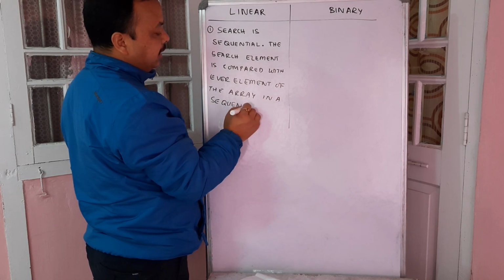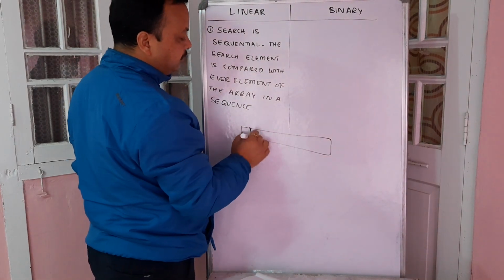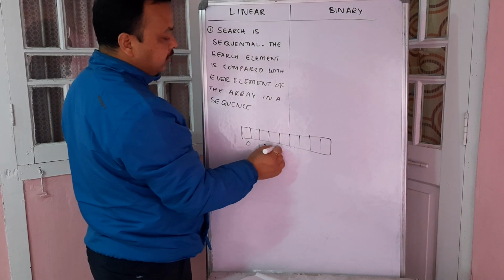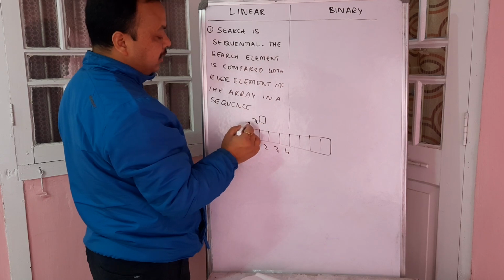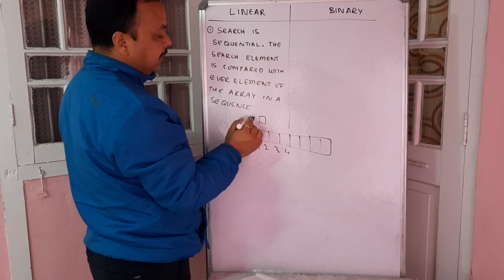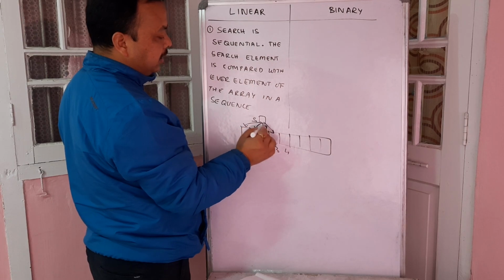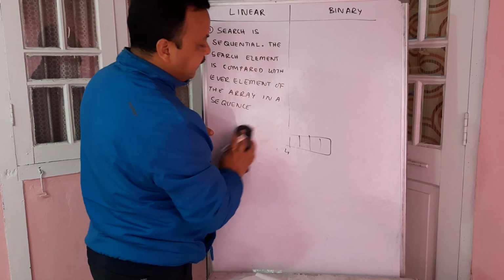In a sequence means that if you have an array and your array index starts from 0, 1, 2, 3, 4 like this, then whatever you are searching for, x or s, will be searched first over here, then here, then here, and so on. So it will always go in a sequence.